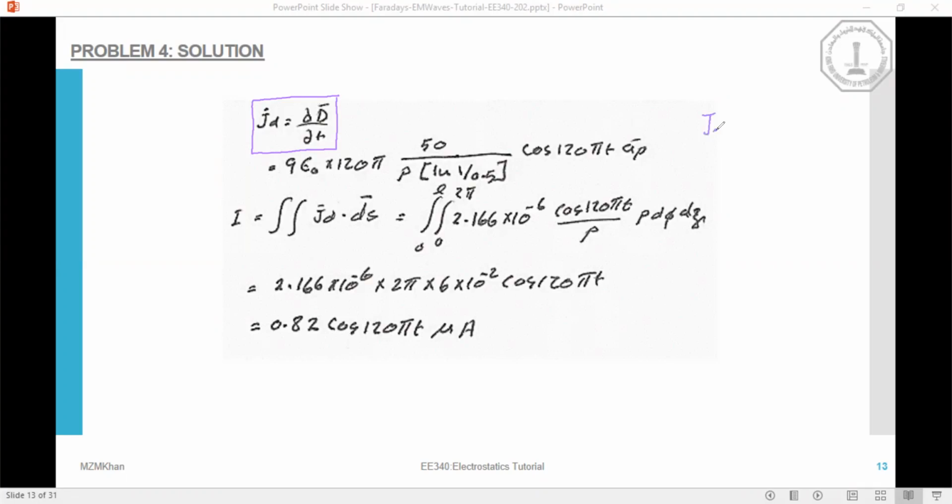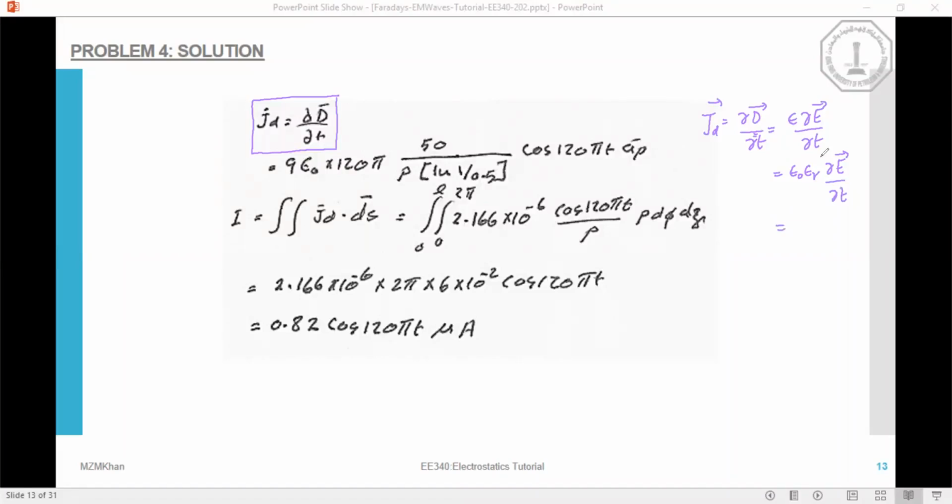So J_D bar is ∂D bar over ∂t, or I would say epsilon ∂E bar over ∂t. Now, this is epsilon naught, epsilon R, ∂E bar over ∂t.